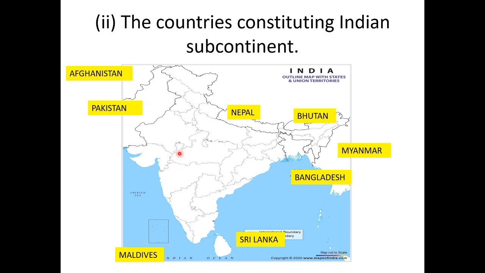Okay, so these are the countries which share its border with India, and they also called Indian subcontinent. Okay, Indian subcontinent, you know very well. India is separated from the rest of the world. Okay, this side we have sea, we don't have any contact with the world direct, and this side we have Himalaya. That is why this area is called Indian subcontinent. Clear?